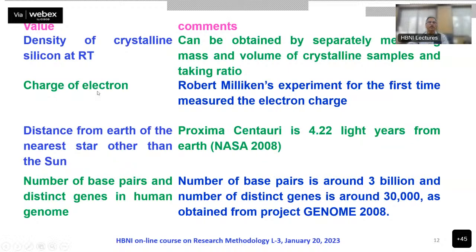Similarly, the charge of an electron. It is a very interesting story about Robert Millikan's experiment, who for the first time measured the charge of an electron. You must see this work. When he first measured it, he did not take into account the effect of temperature on the buoyancy of the oil drop that was falling down, but at that time, that was the most accurate value.